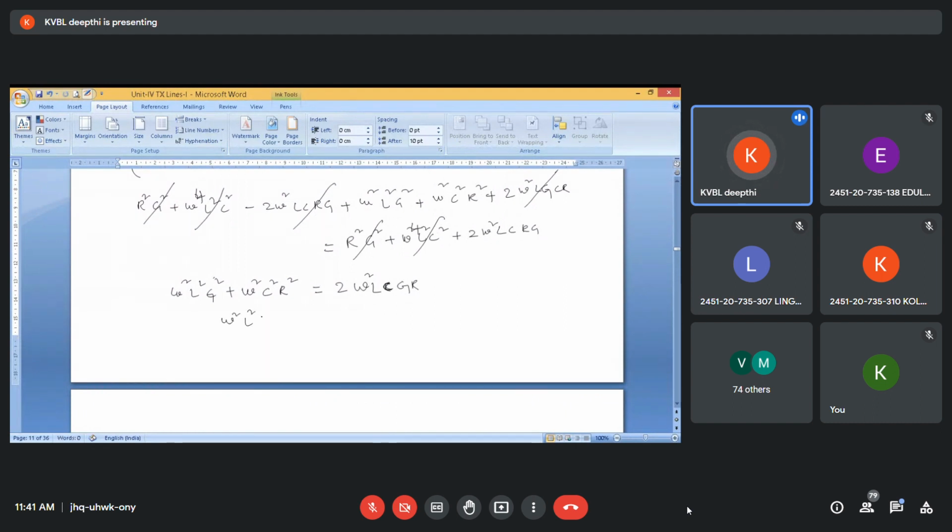Omega square L square G square plus omega square C square R square minus 2 omega square L C G R equal to 0.